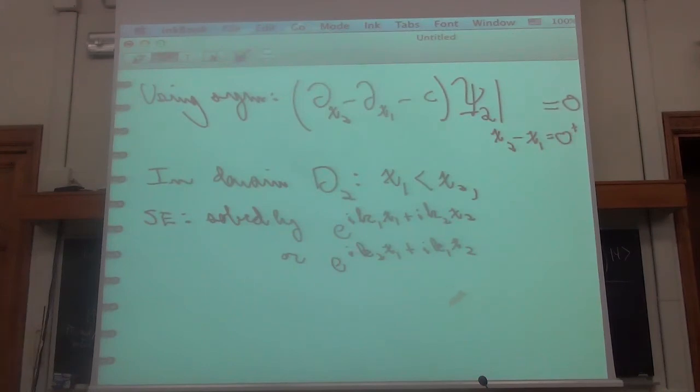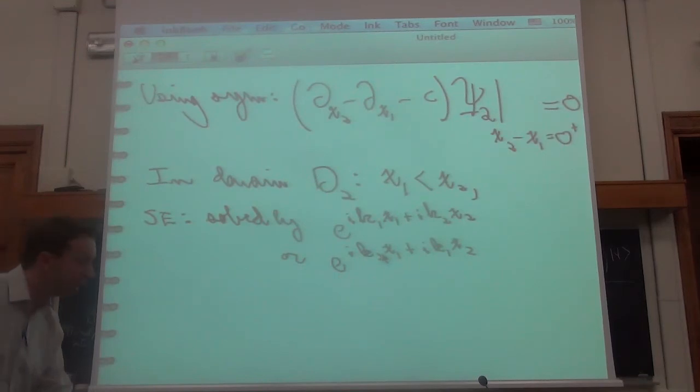These are two degenerate wave functions. They have the same momentum and the same energy, which were our two conserved charges. So in this whole domain D2, a linear combination of these two solves the Schrödinger equation.